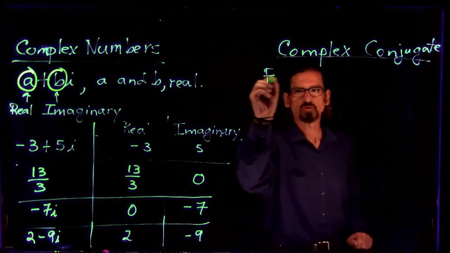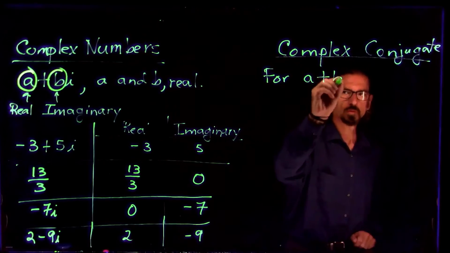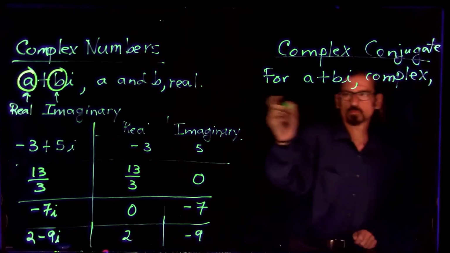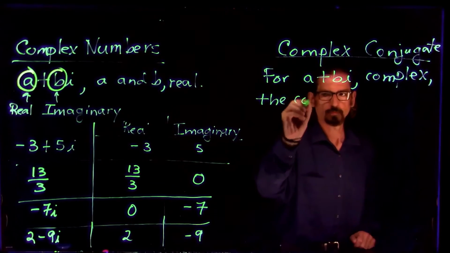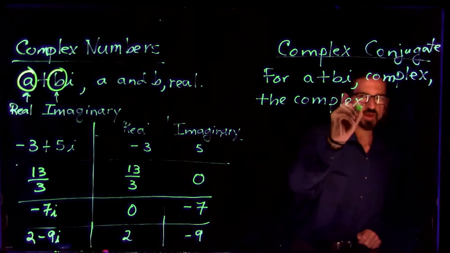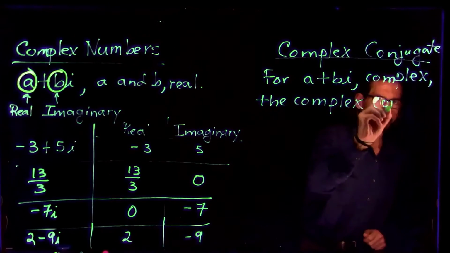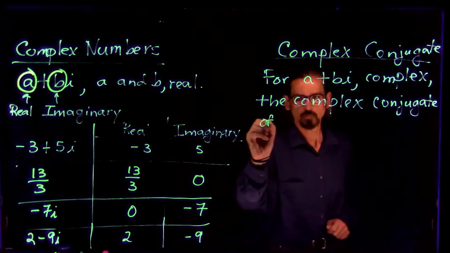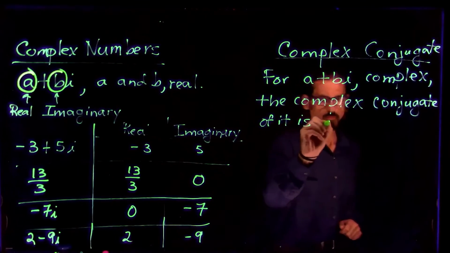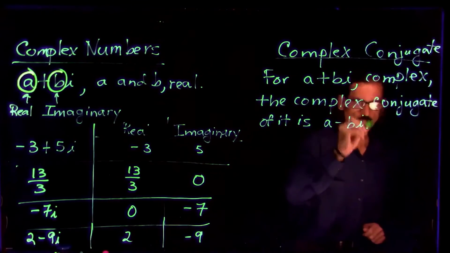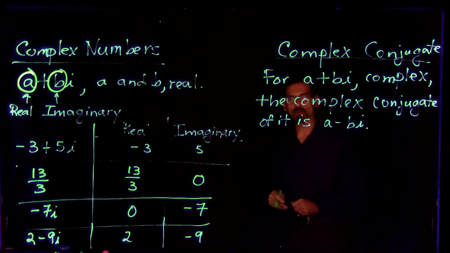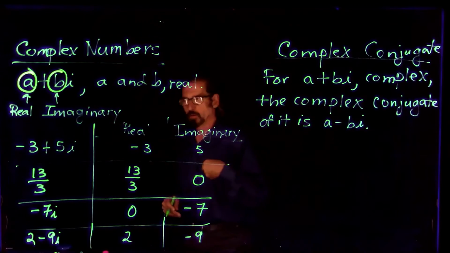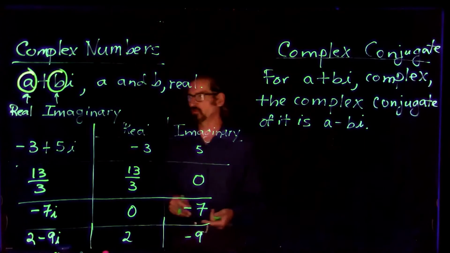For a complex number a plus bi, the complex conjugate of it is a minus bi. What we're doing here is we're changing the sign of the imaginary part. Only the sign of the imaginary part.